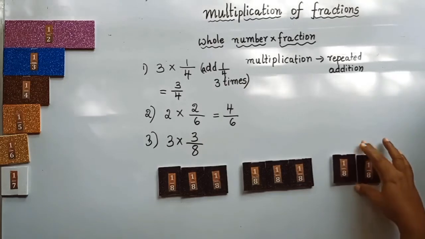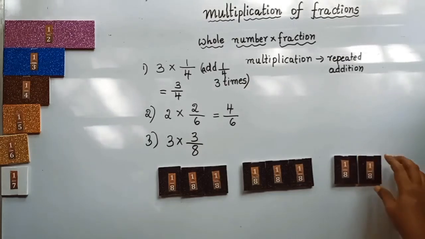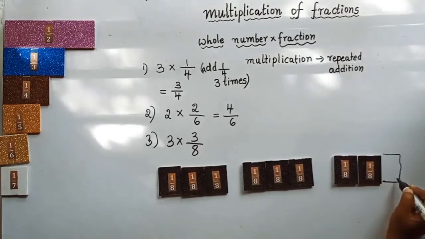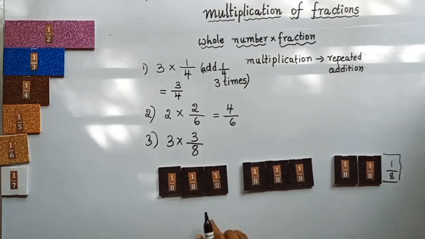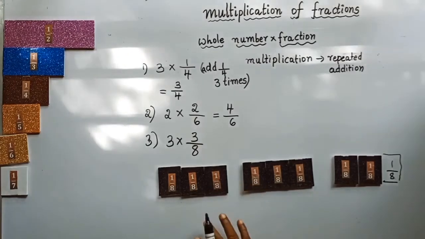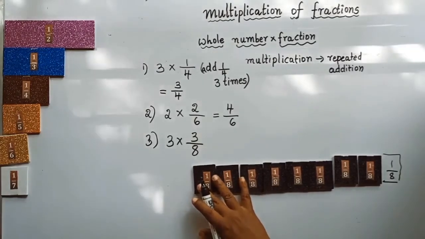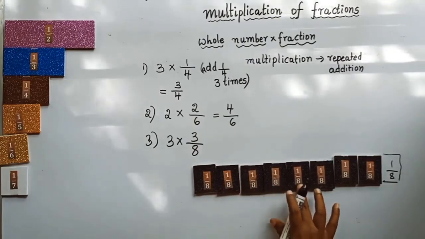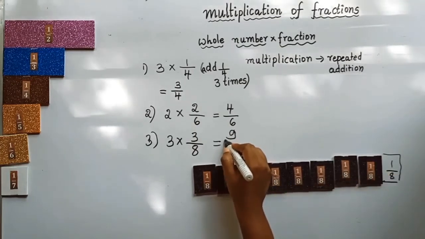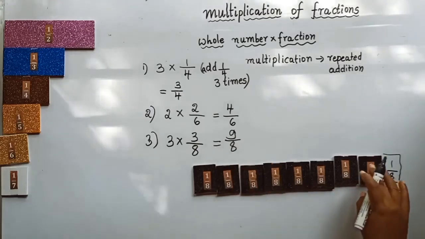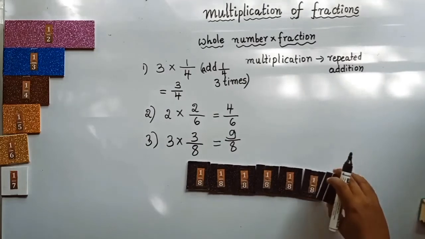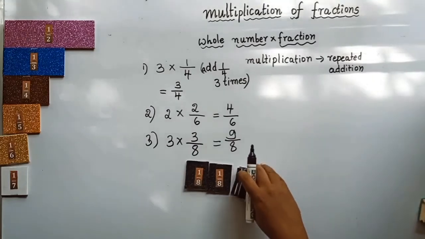Then again 3 by 8. You have to keep one more 3 by 8 there. So 3 by 8, 3 by 8, 3 by 8. Add them together. 1, 2, 3, 4, 5, 6, 7, 8, 9. So that is equal to 9 by 8. So 3 into 3 by 8 is equal to 9 by 8.